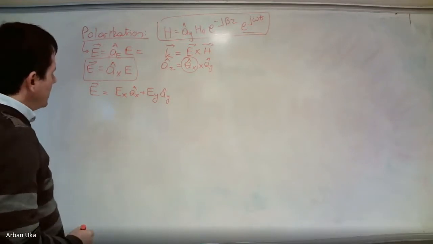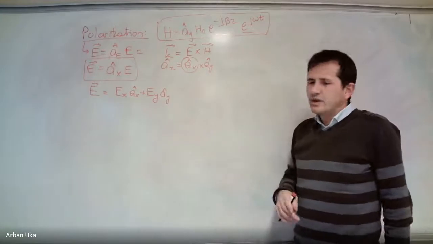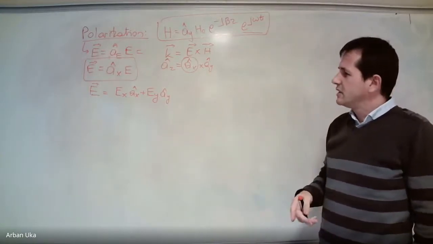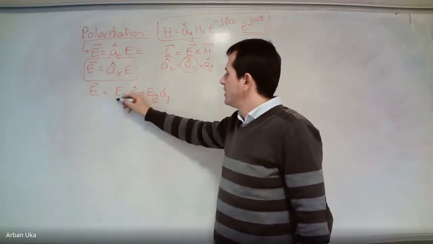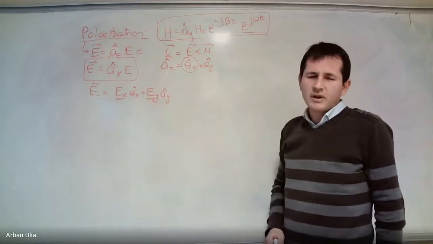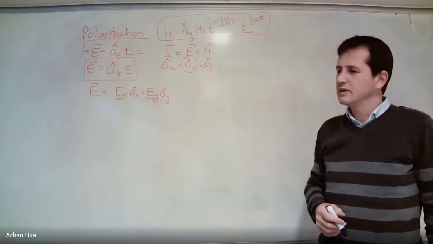Now, keeping this in mind, we can define specific polarization directions depending on whether these two components are equal or not, or whether these two components are out of phase with respect to each other. Okay.